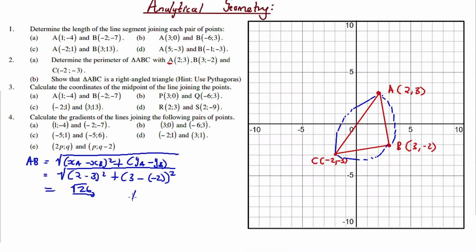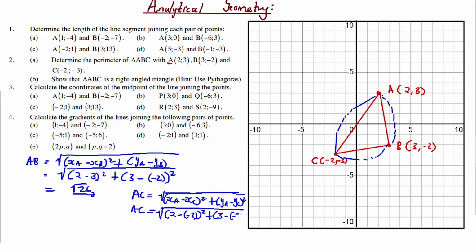Okay, then we're gonna calculate AC next up. So it's gonna be XA minus XC squared plus YA minus YC squared. Then AC is equal to the square root of XA, that's 2, minus XC, that's negative 2, squared, plus YA, that's 3, minus YC. What's the point C? Oh, it's negative 3.